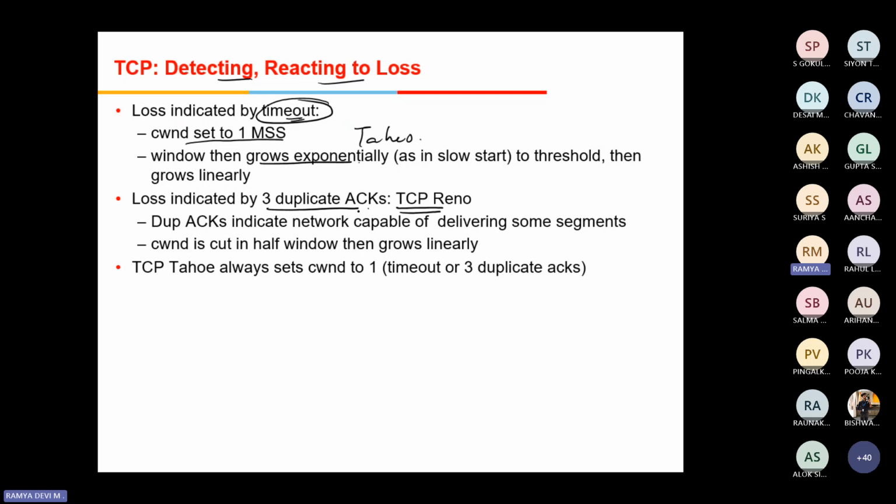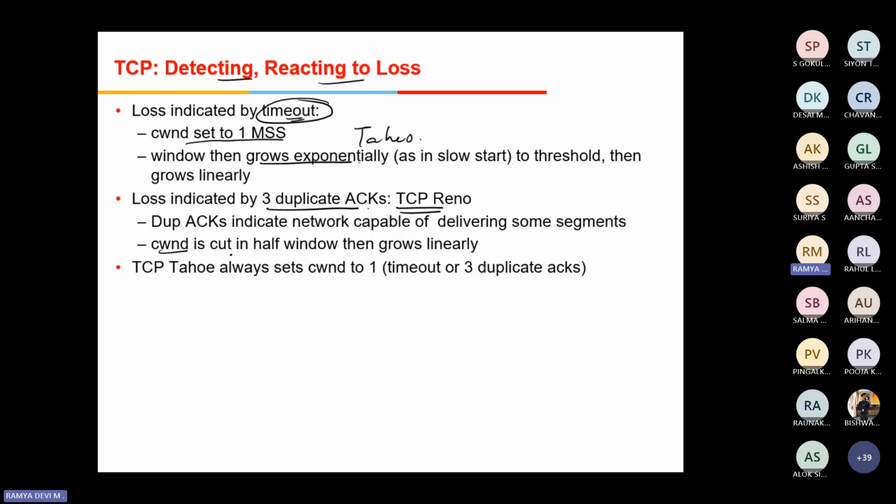It may happen because one packet was lost, which is not severe and not due to congestion. So instead of reacting immediately, it takes half of the current congestion window size, sets that as the threshold, and also uses it as the current window size.